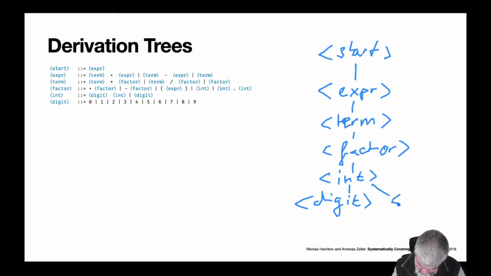And then you can see that in the derivation tree, if there are multiple symbols, then they also get expanded into multiple children in the tree. So let's assume we expand the first digit into 4, and the integer becomes another digit. So let's just erase this thing.